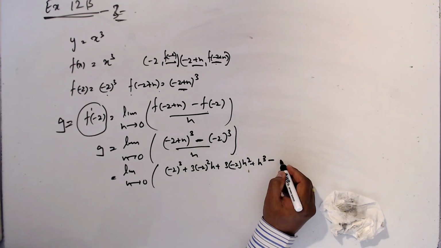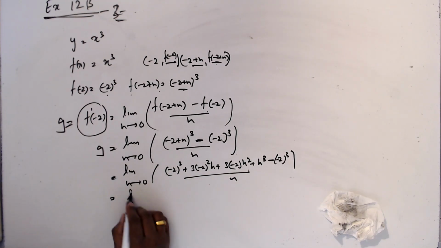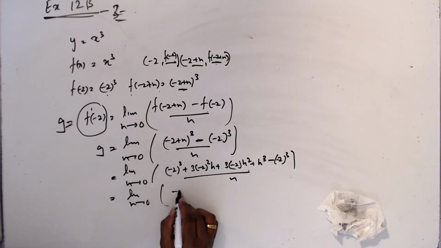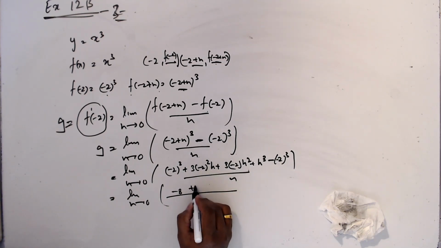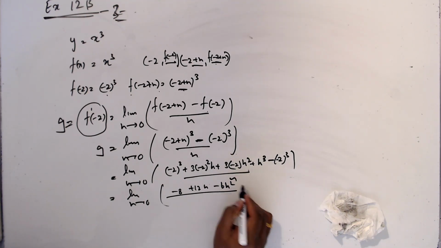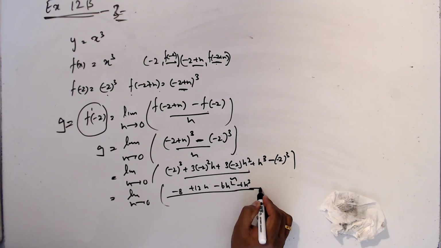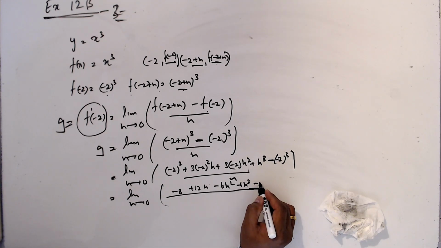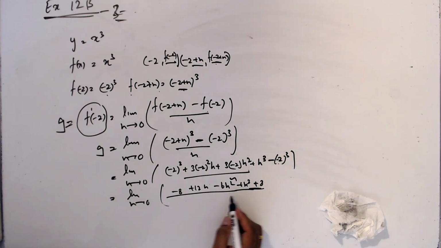Minus (−2)³ over h. The limit as h goes to 0: this is −8, this is 12h, this is −6h², and plus h³, and this is plus 8, since minus times minus is plus.